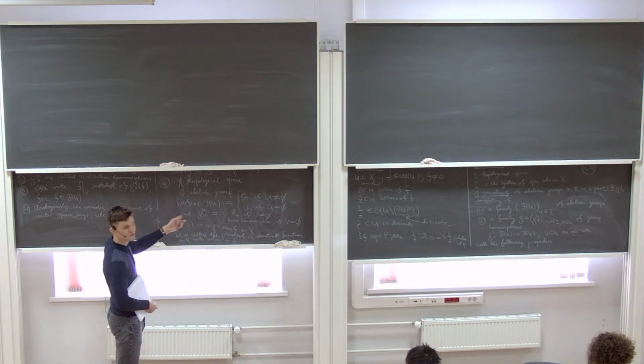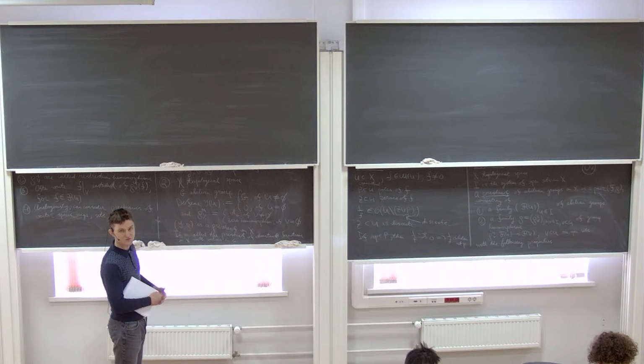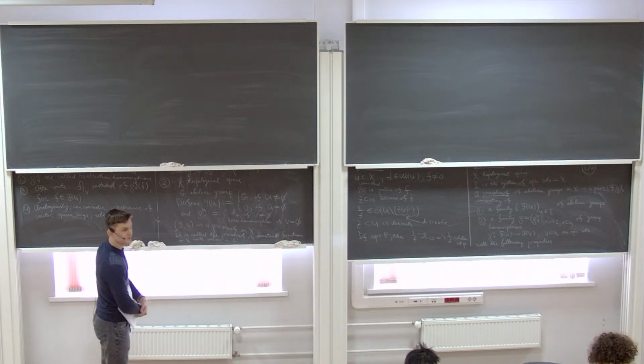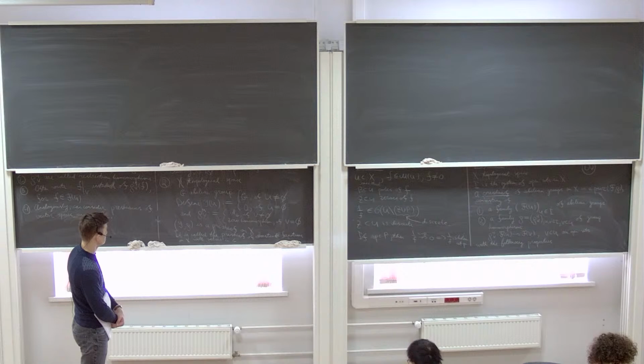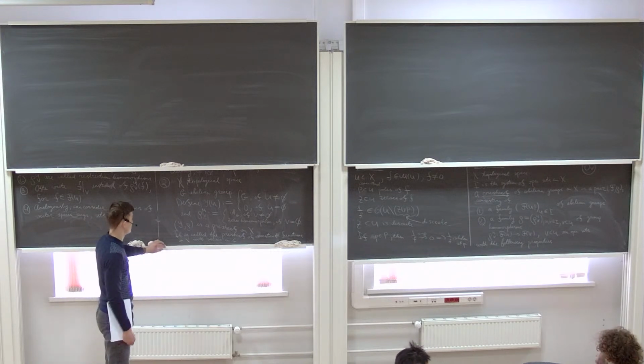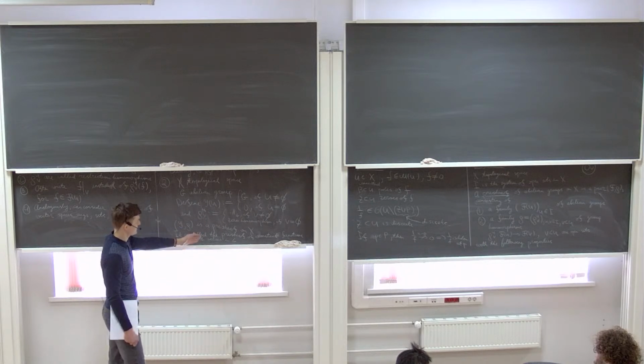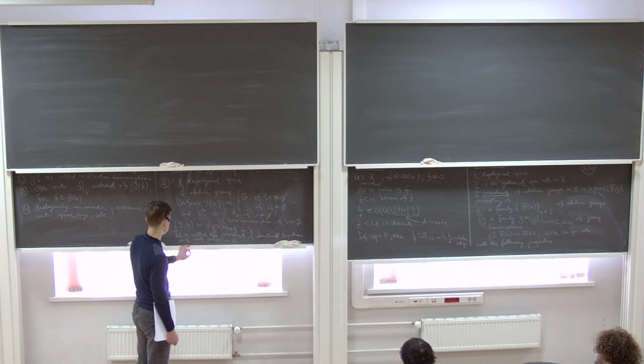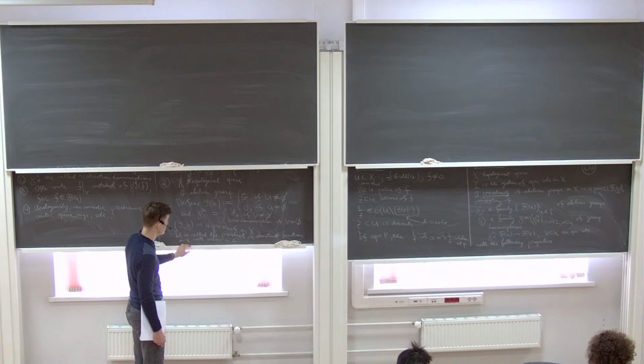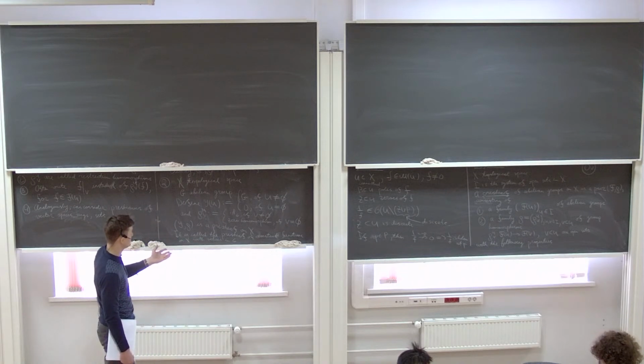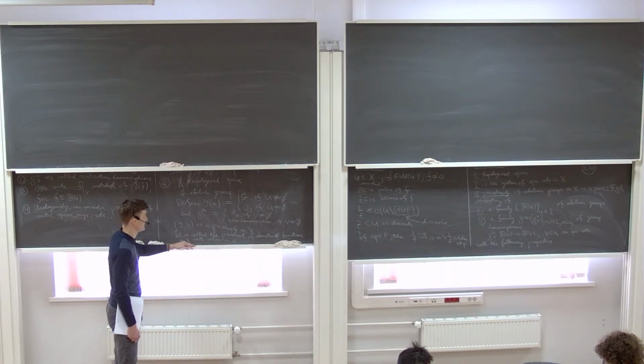Yeah, the first question is: is it clear that it's a pre-sheaf? Okay, I hope that it's clear. It's called the pre-sheaf of constant functions on X with values in G just because you can interpret it in this way.